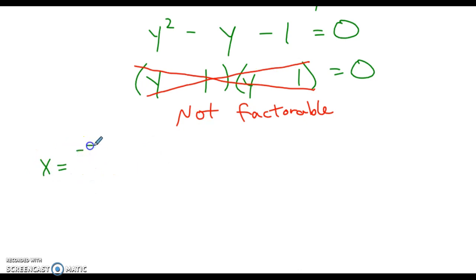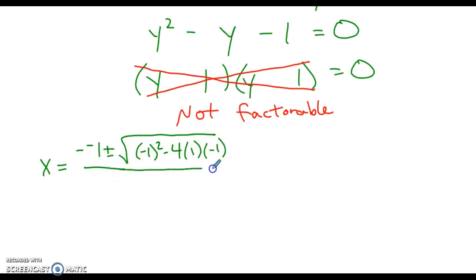x equals negative b plus or minus the square root of b squared minus 4 times a times c, all over 2a. When you simplify that, you get 1 plus or minus the square root of 5 over 2.